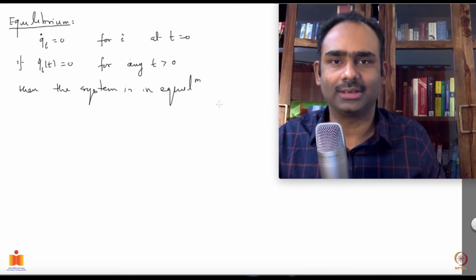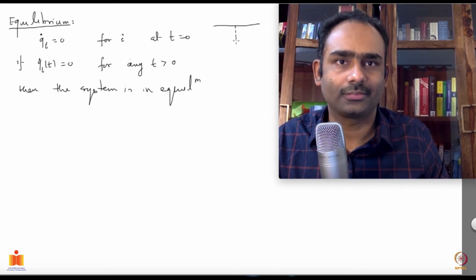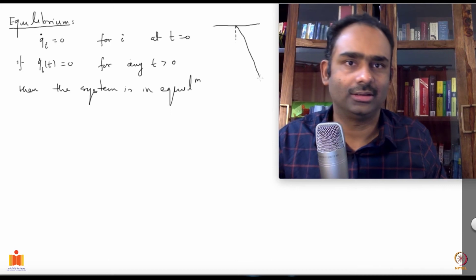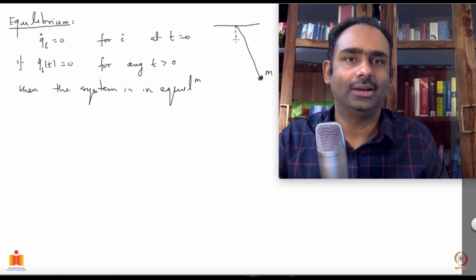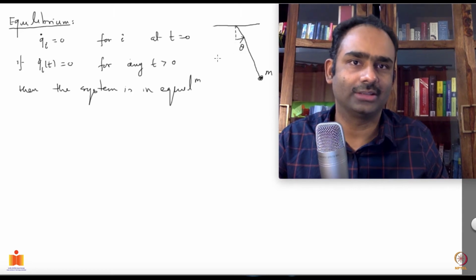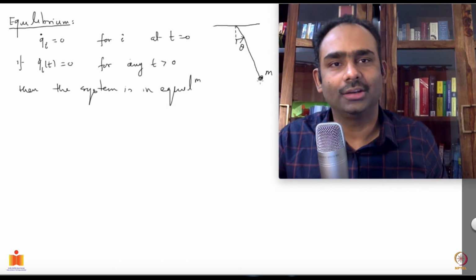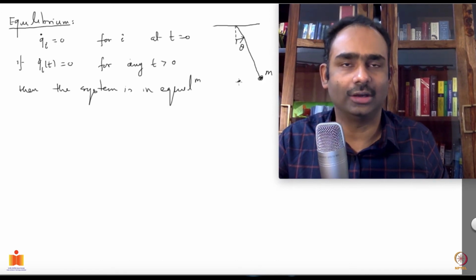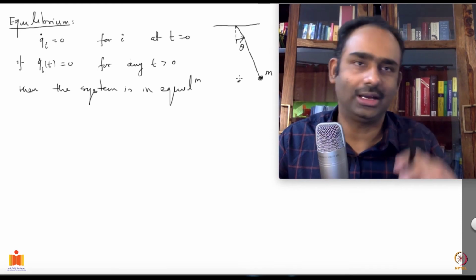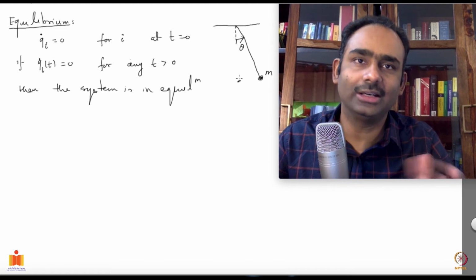Let's take a very familiar example. Let's say I have a pendulum, okay, and your generalized coordinate is theta in this case, right? Now if you take this mass and put it here vertically downwards and put it at rest, then it will remain there, it will not move, right?